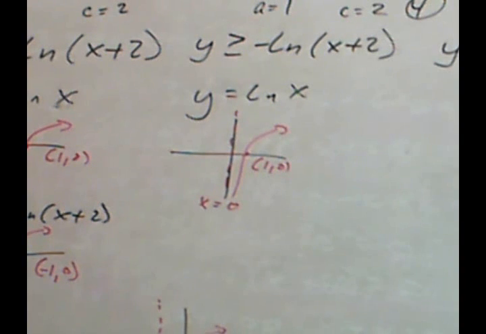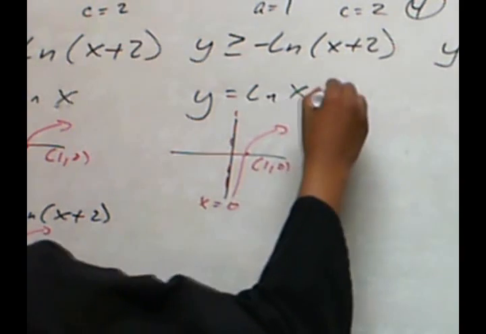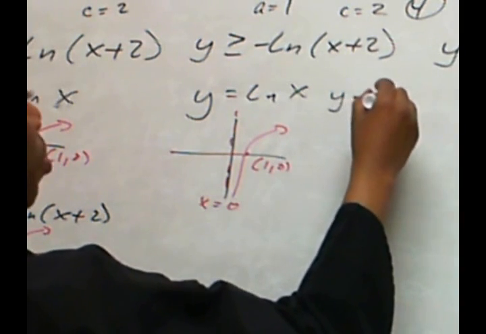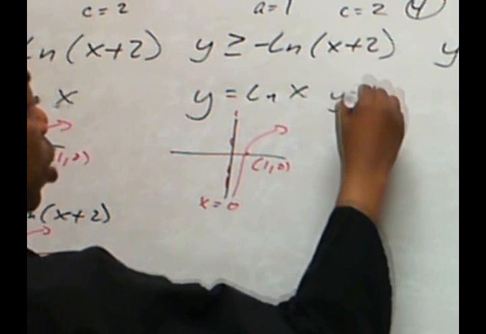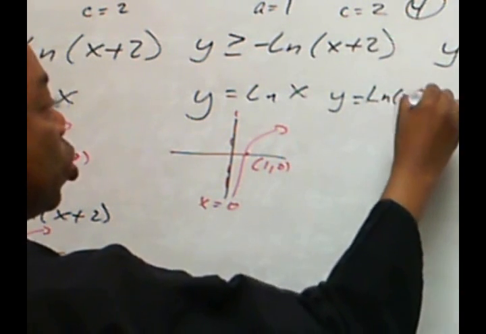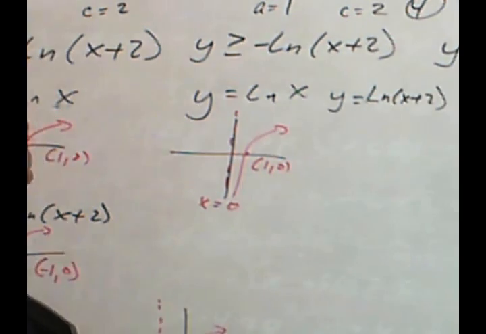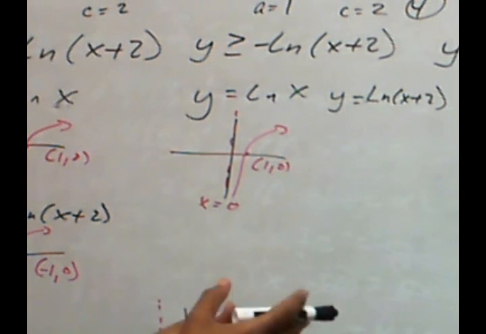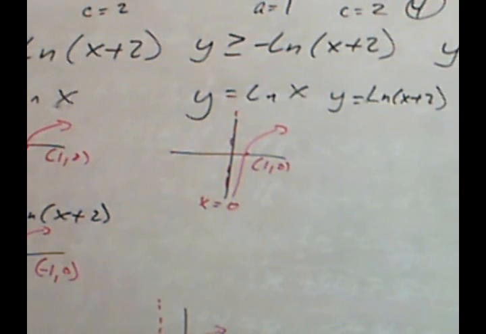Then we're going to put our C parameter onto this, which is y equals natural log of x plus 2, which will move the graph back twice.